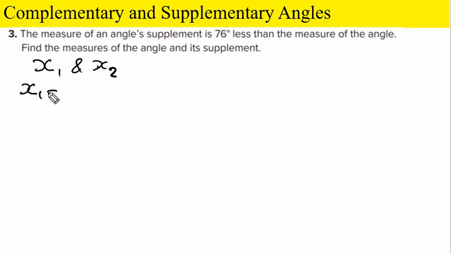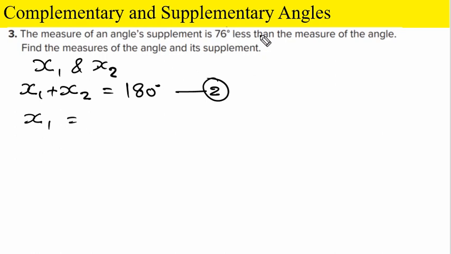So the first equation, angle 1 plus angle 2 is equal to 180 degrees. And let's say x1 is 76 degrees less than, it means minus. So x2 minus 76, because 76 less than.